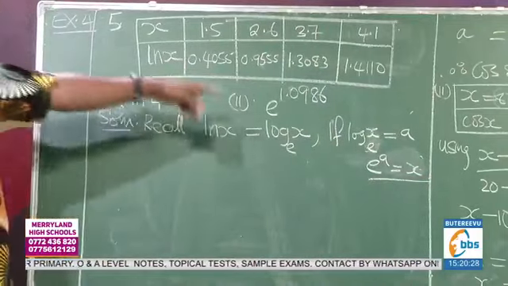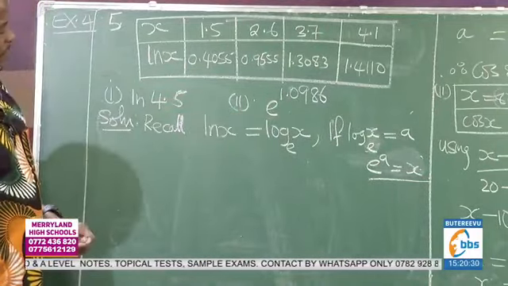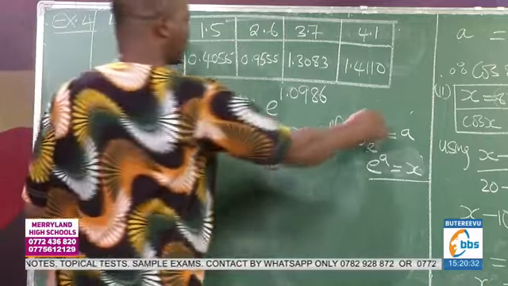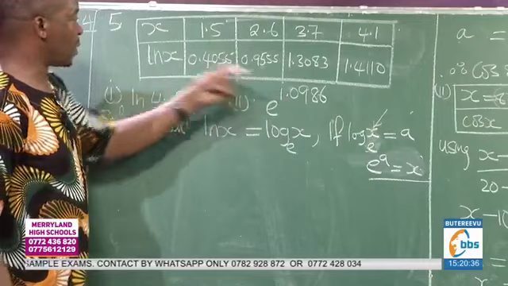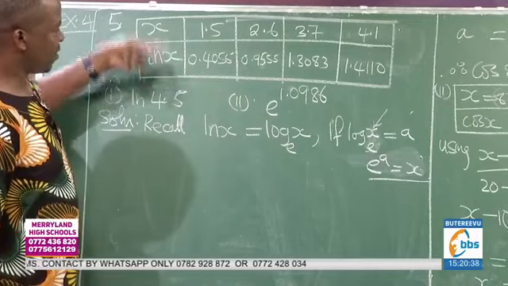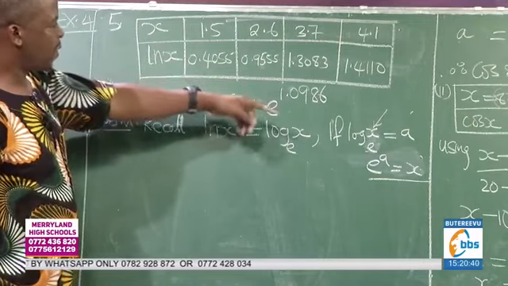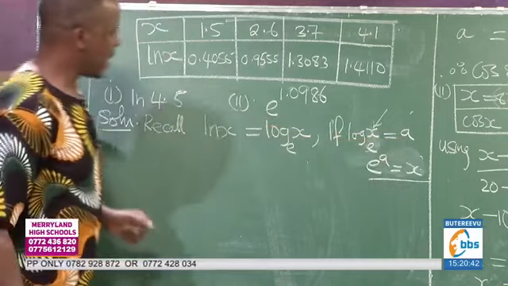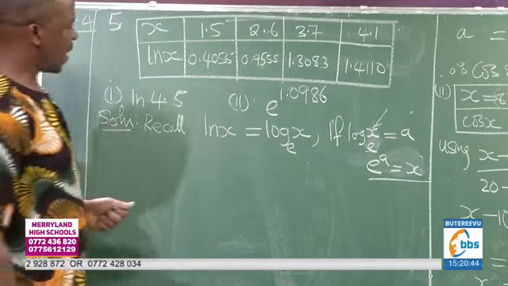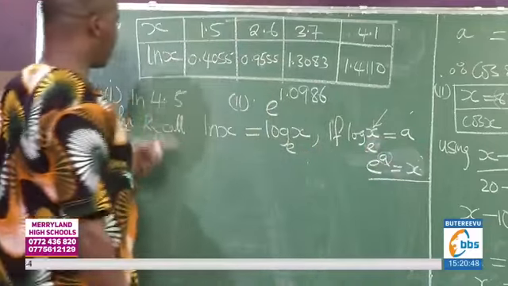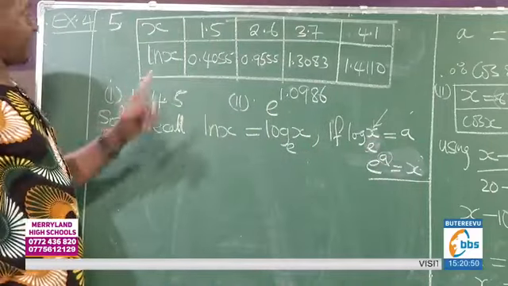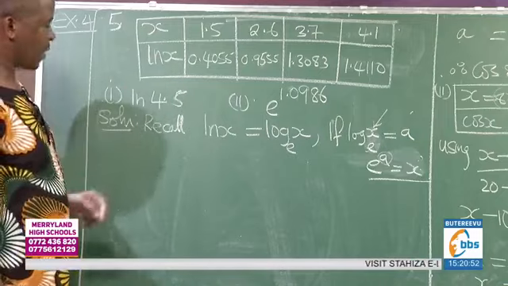So when we go to part 2, you'll definitely note that it is asking us to look for the value of x. In other words, for part 2, we are provided with a, and they want us to find x. For part 1, we are provided with x, they want us to find the ln of x.